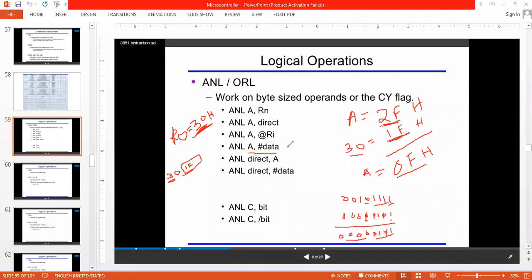ANL A comma hash. So I have to write immediate data. Say if I write 30H. Now tell me what is the value of A after the fourth instruction execution?